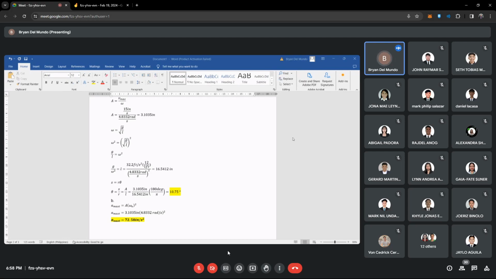Okay, so let's try to solve another problem. Okay, so pagdating naman sa board, ma-encounter niyo naman problem is pagdating kay simple pendulum sa vibration, given lang yung kanyang length or period, so solve nyo naman yung either of the two.